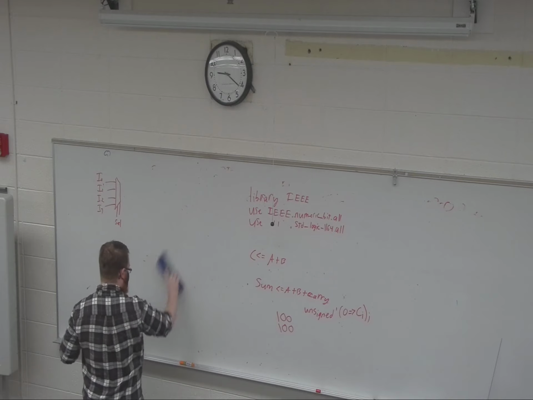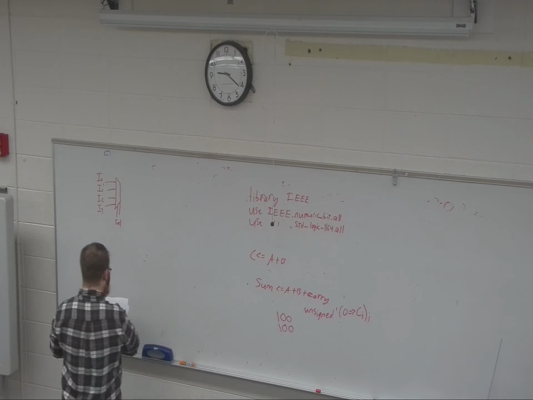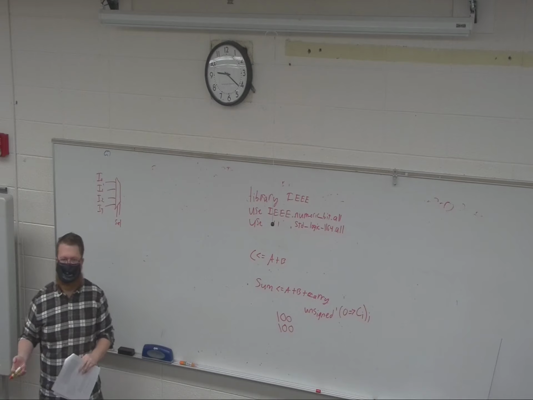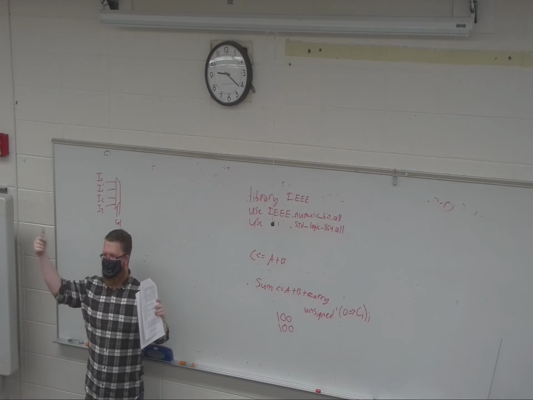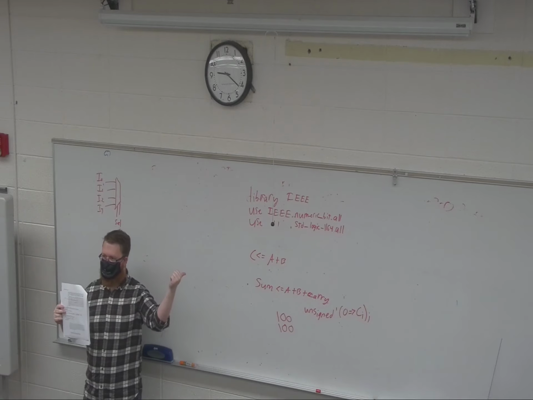The next thing we need to know how to build are shift registers, right? And a shift register is where you put data in one end and it comes out the other end in order.